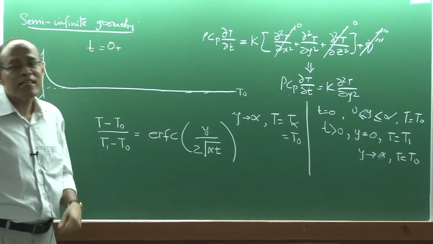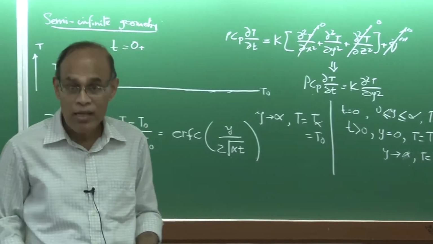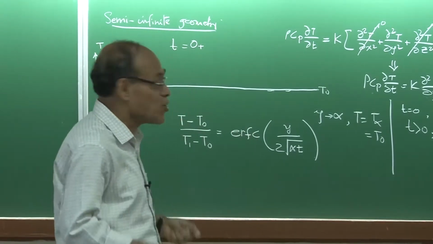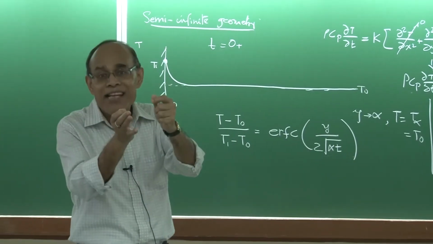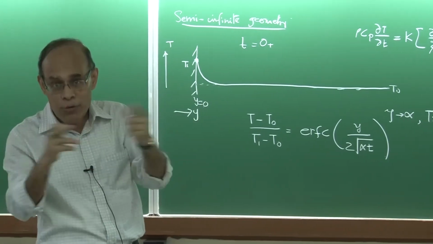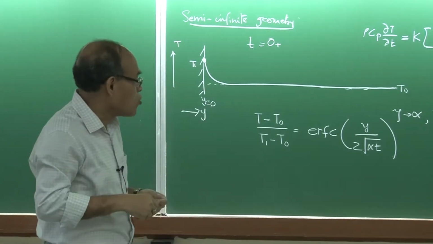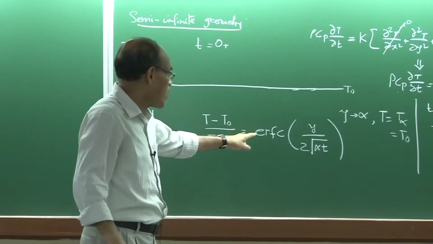Now, error function is like, for example, we have so many kinds of different functions you have heard. The simplest one which you have been exposed to is a logarithmic function. What does that do? The logarithmic function actually squeezes the scale. On a logarithmic scale, 100 becomes 2 if you do it with respect to base 10. Similarly, we have various functions available to us, and one such function is the error function.